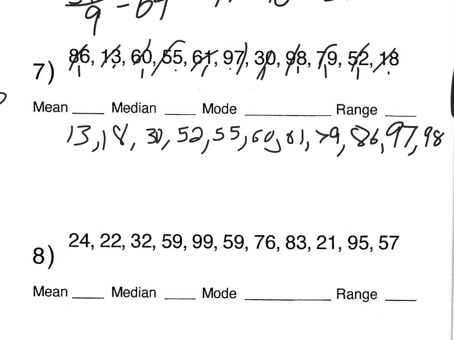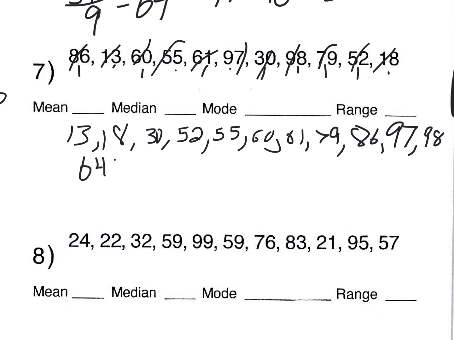There's 11 numbers again, so add them all together. 13 plus 18 plus 30, plus 52 plus 55 plus 60 plus 61 plus 79 plus 86 plus 97 plus 98 equals, and then divide by 11.